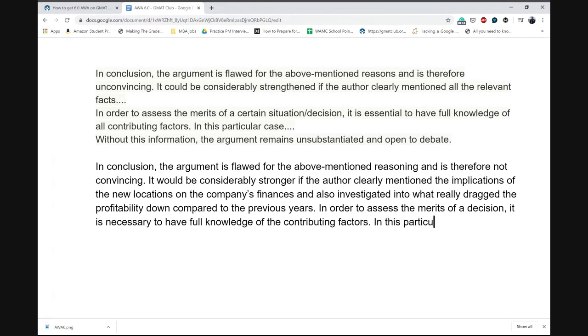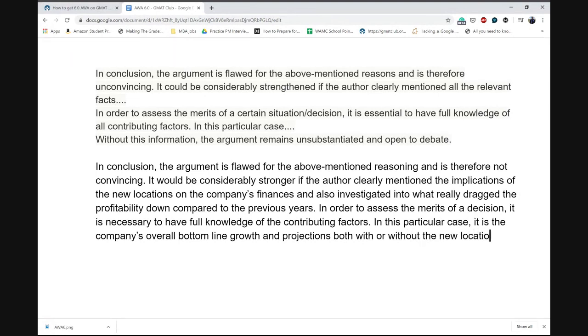In this particular case, it is the company's overall bottom line growth and projections, both with or without the new locations, and also the contribution made by the regional and field offices.